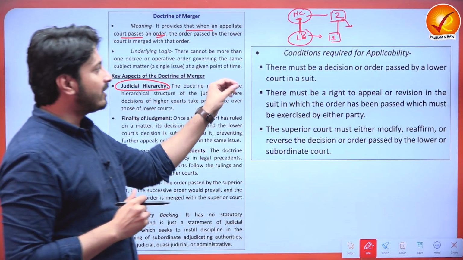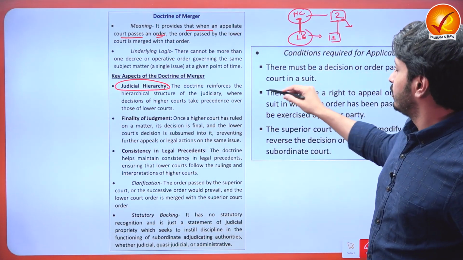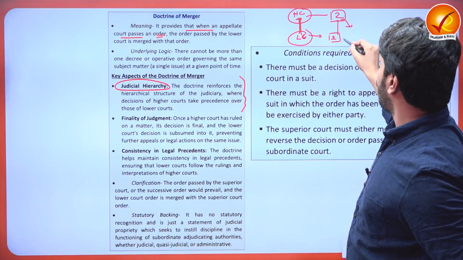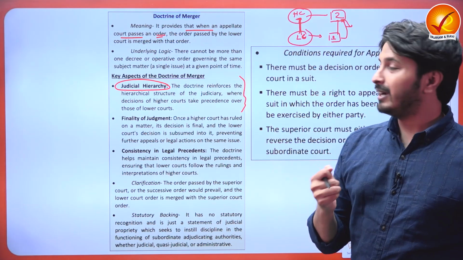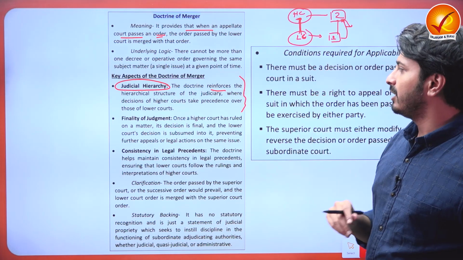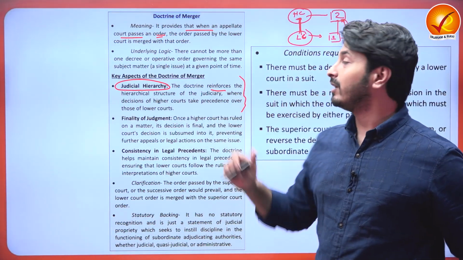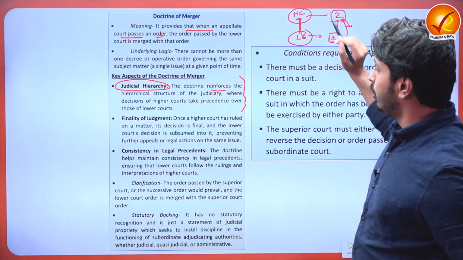Whenever a judge provides a written judgment, there will be a merger of the lower court's judgment as well, so that it reinforces the hierarchical structure of the judiciary, where decisions of the higher courts take precedence over the decisions of the lower court.